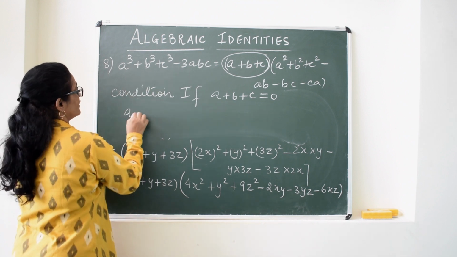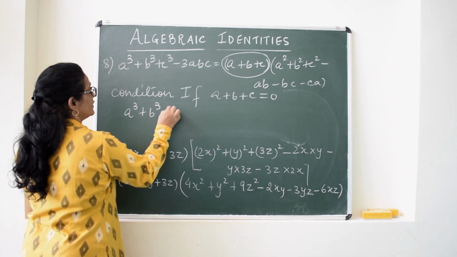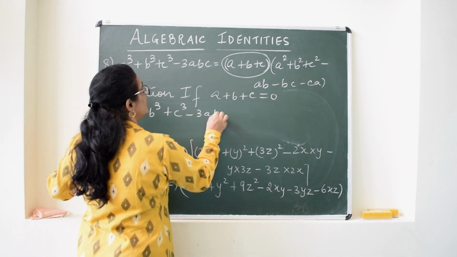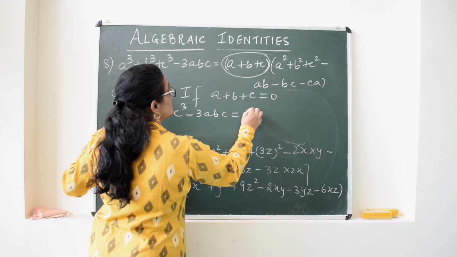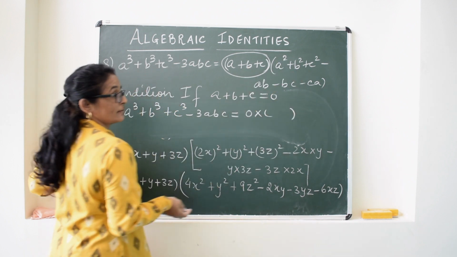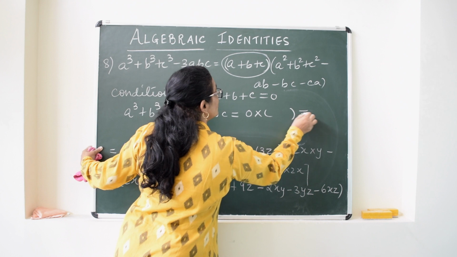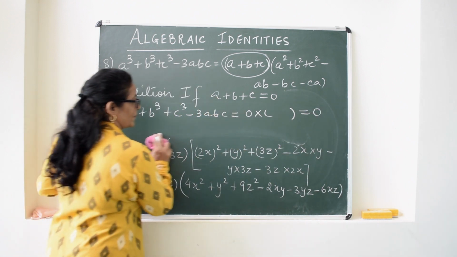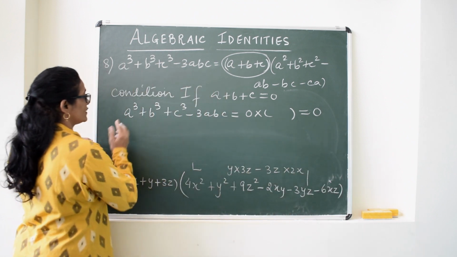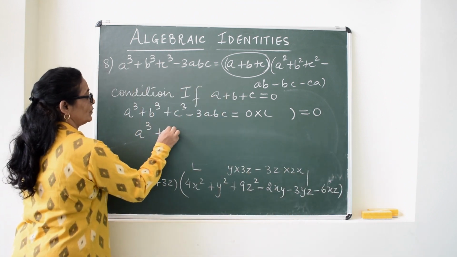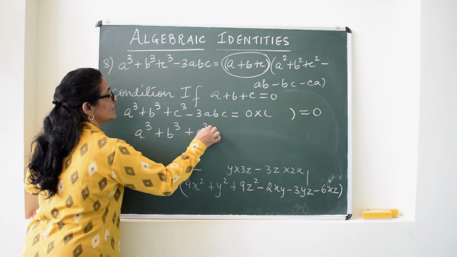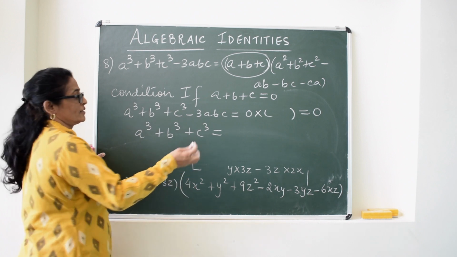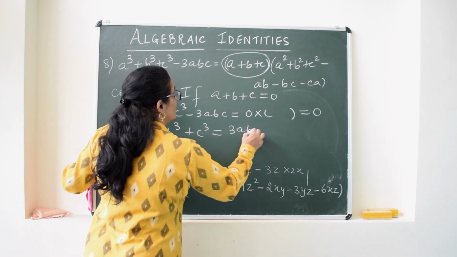So we can write it as a cube plus b cube plus c cube minus 3abc is equal to 0 into this whole bracket. So that becomes 0. So if this is equal to 0, then we'll write a cube plus b cube plus c cube is equal to, this thrice abc will go on the right hand side, 3abc.